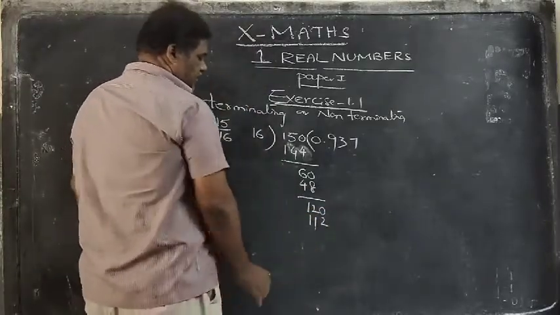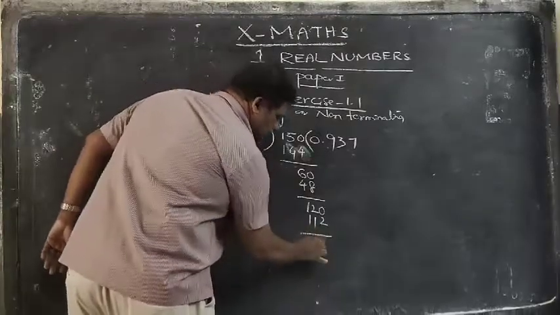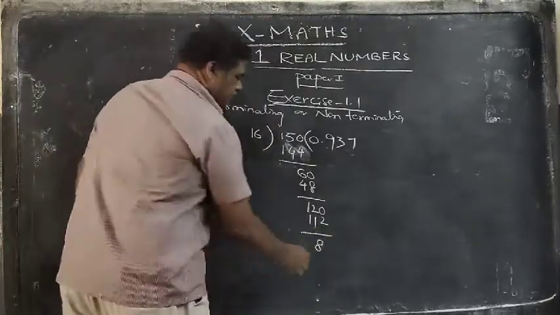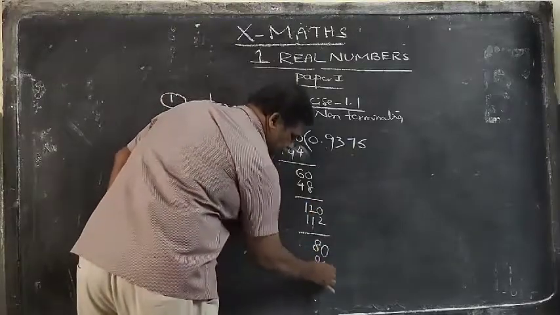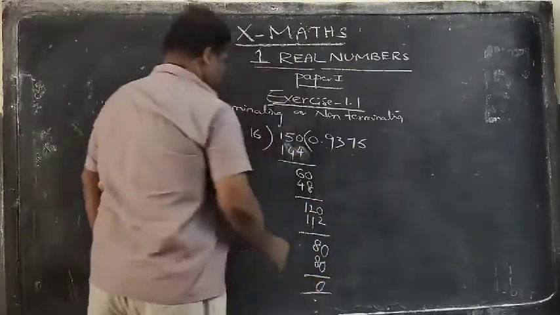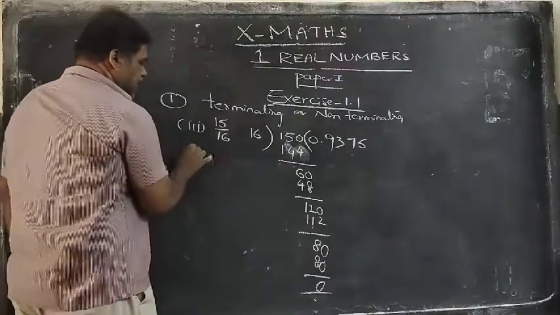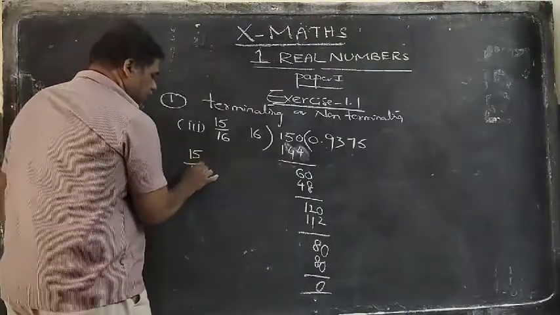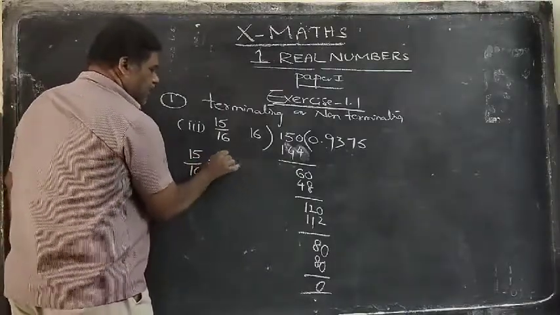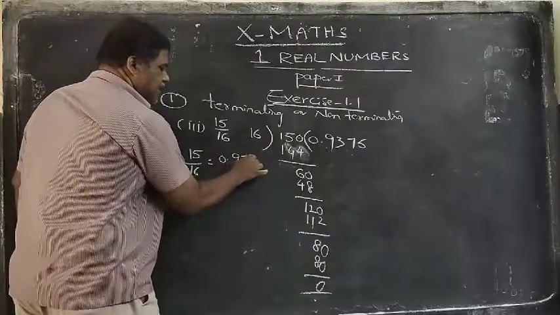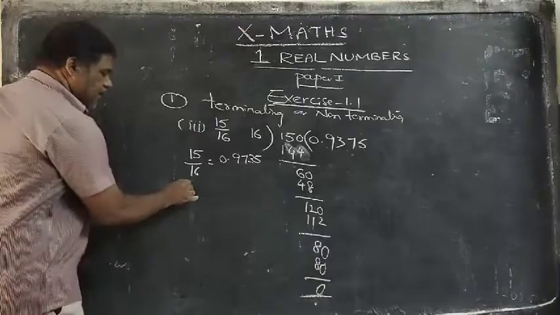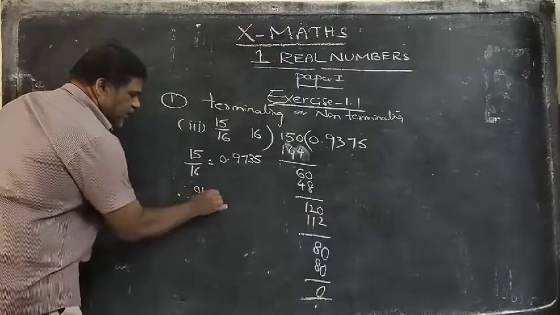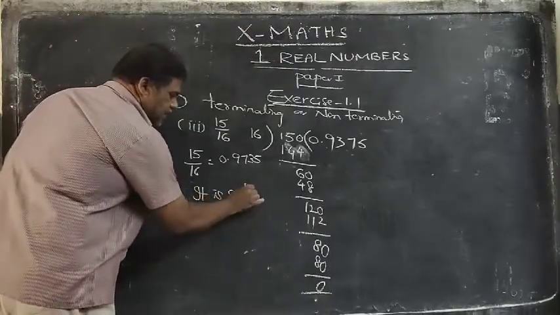Sixteen sevens are 112, so remainder is 8. 16 fives are 80, so remainder is 0. Therefore the division process ends here. So 15 by 16 is 0.9375. The division process is completed, therefore it is a terminating decimal.